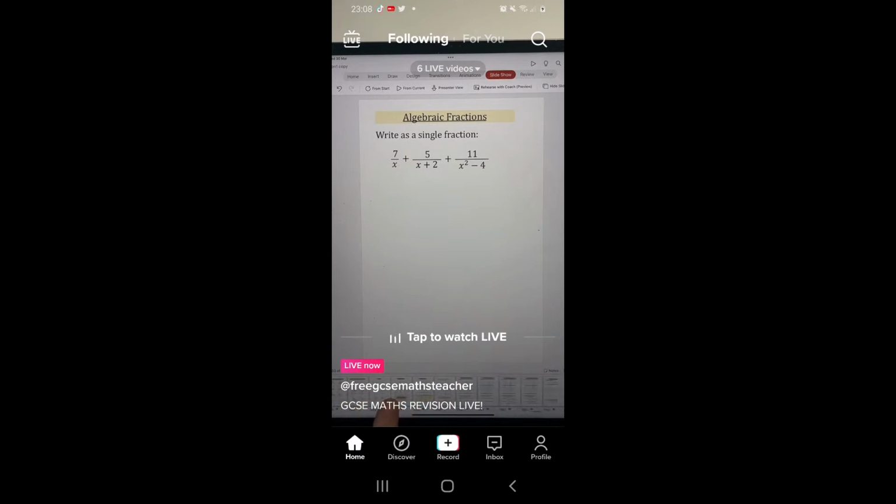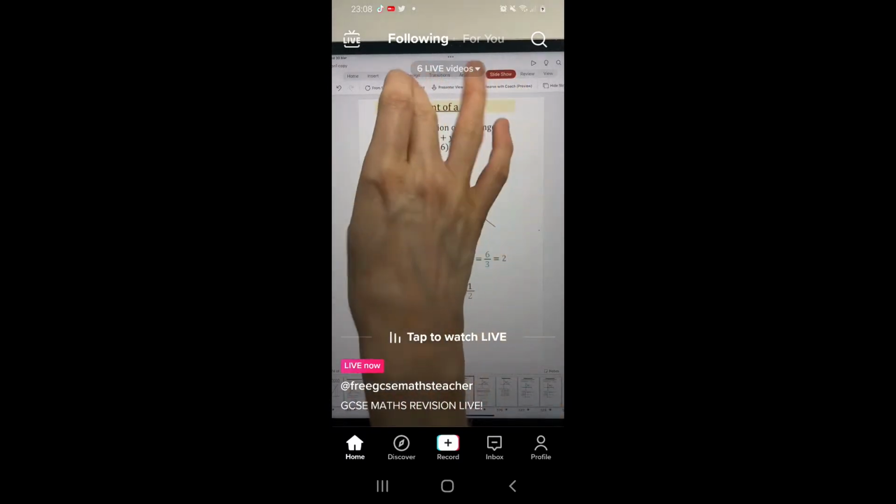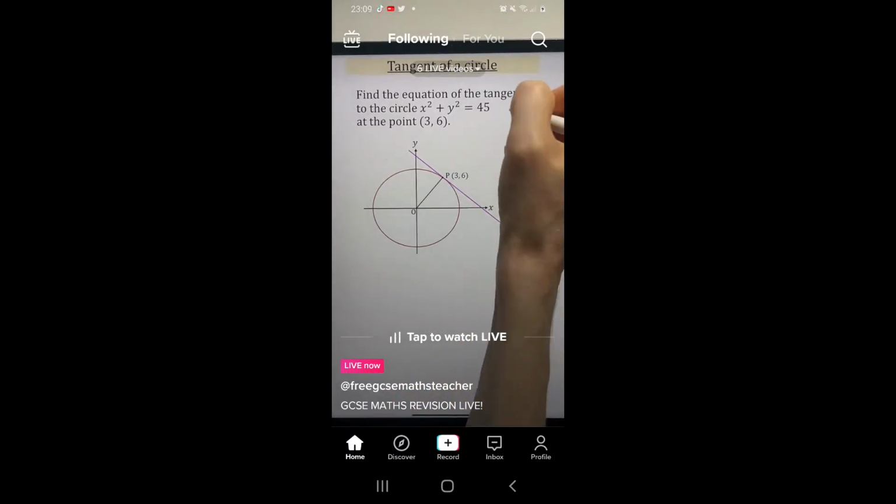So if I do the tangent to a circle first, and then we'll go from there. So this question here, if we answer this one here, this question's worth 5 marks.